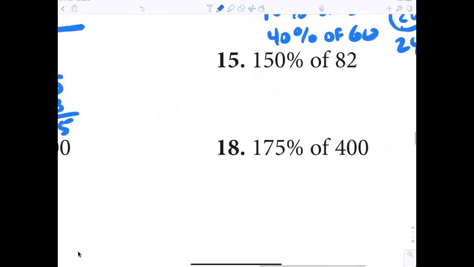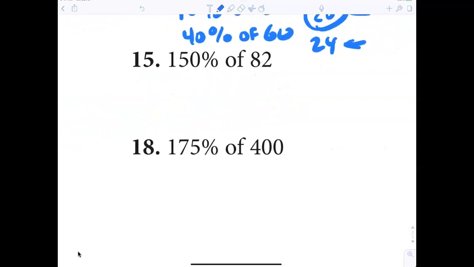All right, let's do 15. You have to tell me how we're going to do this one. What do you think? 150 times 82. No, I don't want you doing that. Tell me what 100% is. What's 100% of 82?